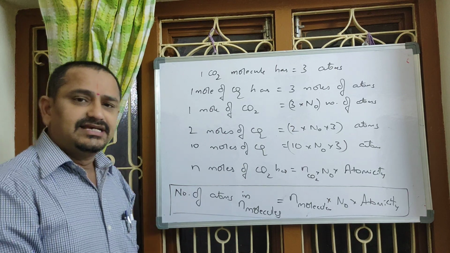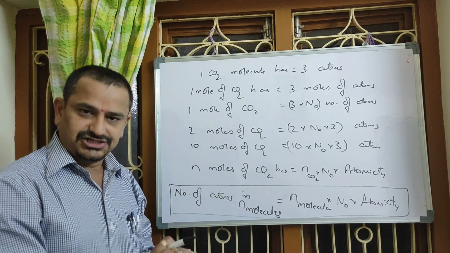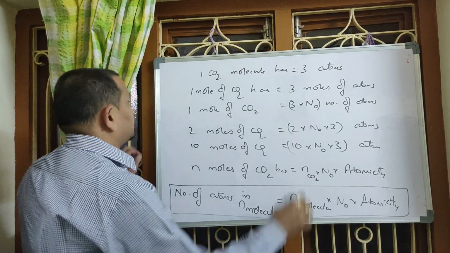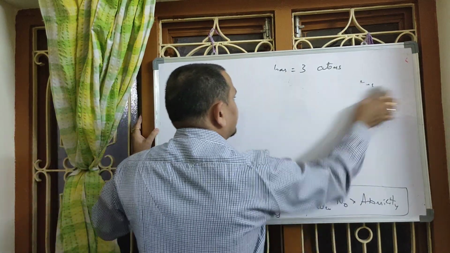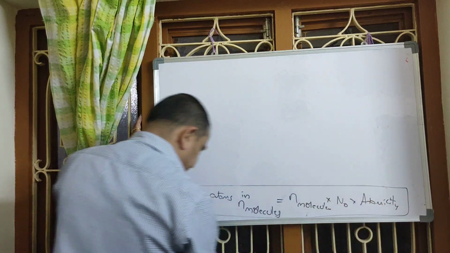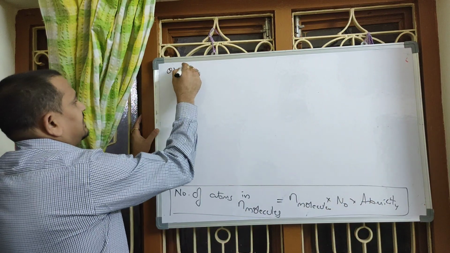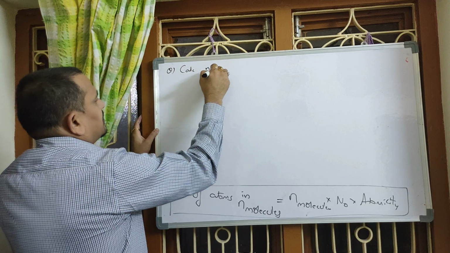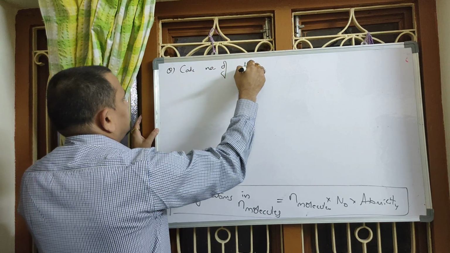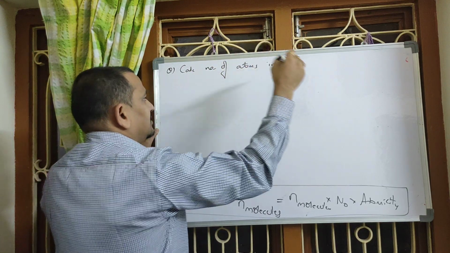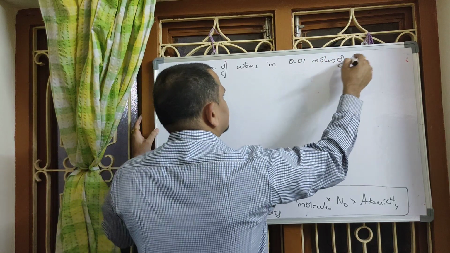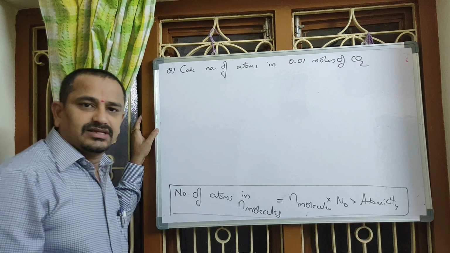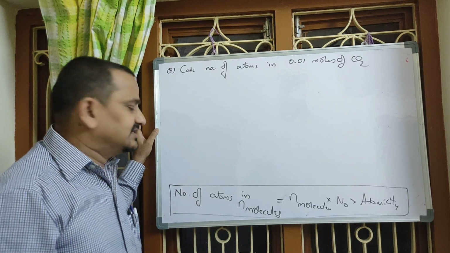Now let us see a small numerical on this relation. The question is: calculate the number of atoms present in 0.01 moles of CO2.